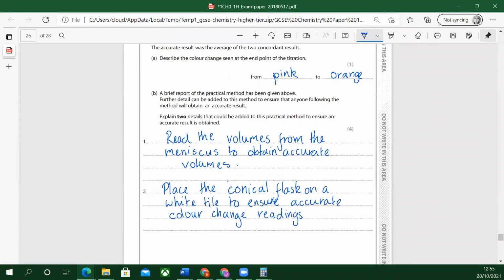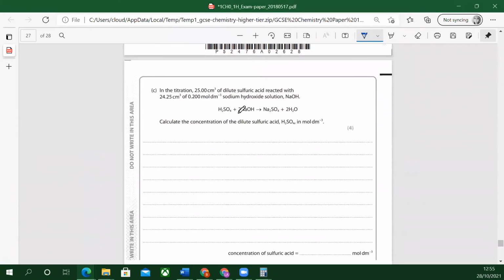There's lots of other things you could do, like swirl the flask around. There's a number of things you could do there, so let's think about anything sensible. There's actually quite a lot of good opportunity for marks.